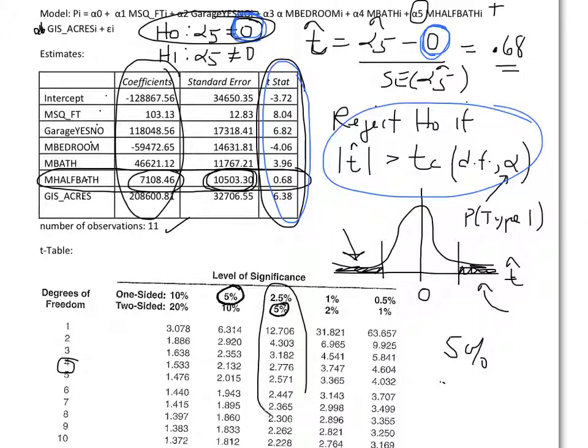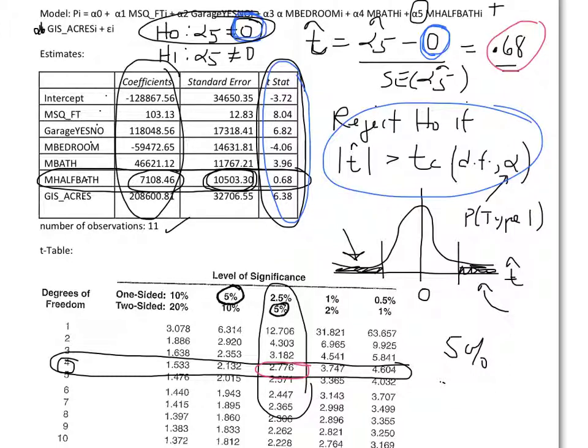That's this column. We're in this row. And therefore, there's our special number. There's t critical. In this case, the absolute value of the t statistic is 0.68. The t critical is 2.776. And therefore, we fail to reject. We fail to reject H0.